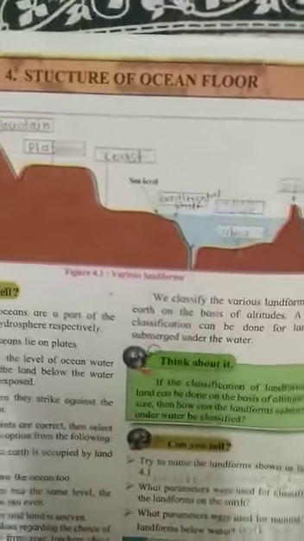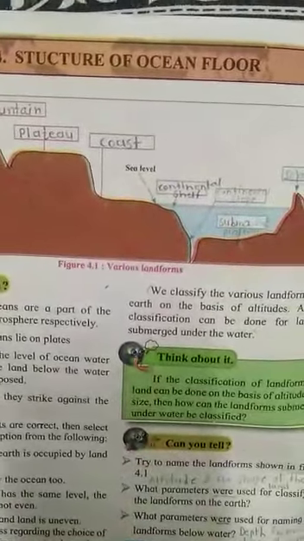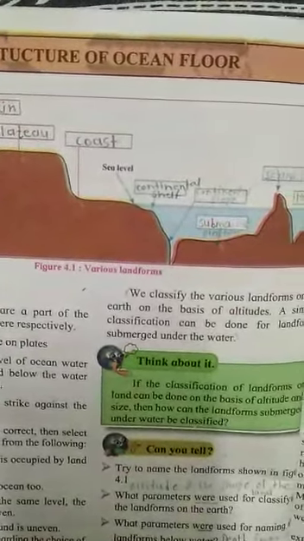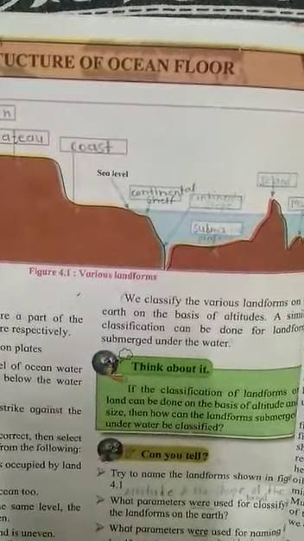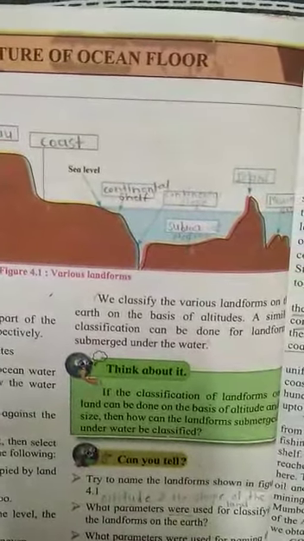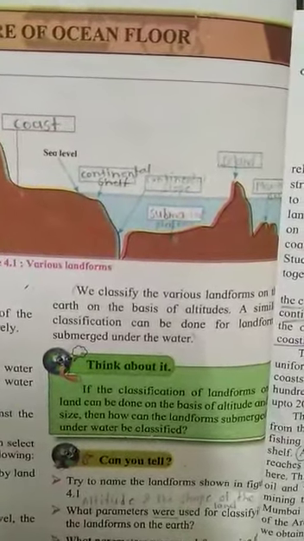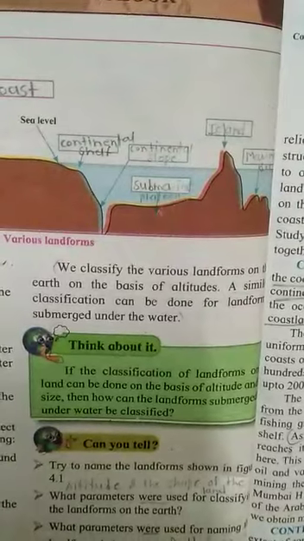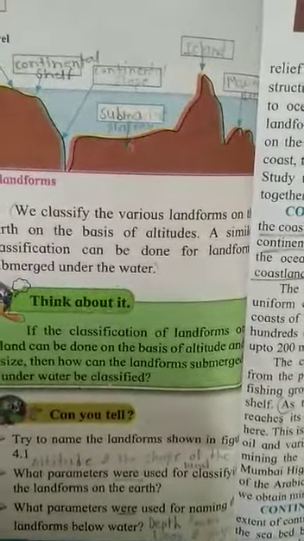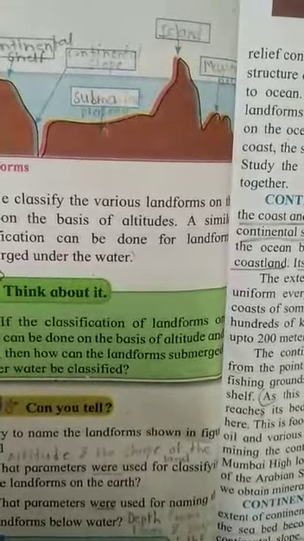Look at this diagram carefully. This is a mountain, plateau, coast, sea level. Look at this sea level. Then continental shelf, continental slope, submarine plateau, then island and marine deep.